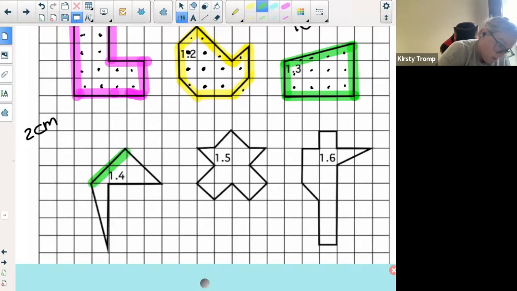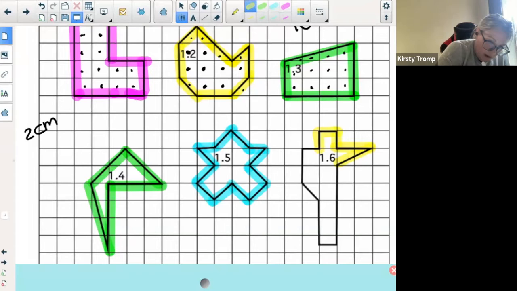It's not 1 anymore. Think about the steps we did in the last question, and then have a look at these shapes and calculate the area if the length of one of the squares is 2 centimeters.